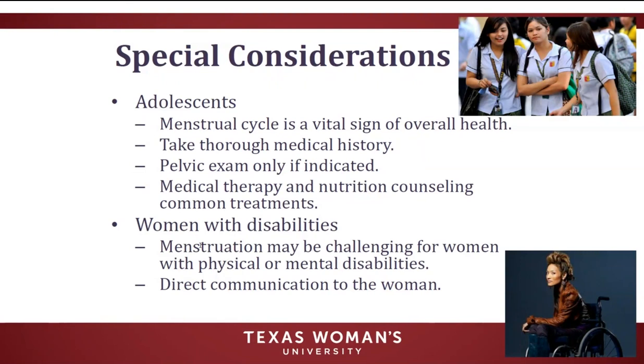I have taken care of several patients who are transitioning from female to male. And, obviously, menstruation is not something that a male gendered person would do. So we have figured out ways to stop menstruation.